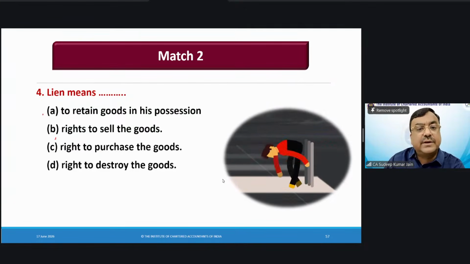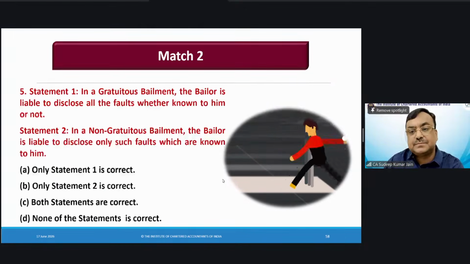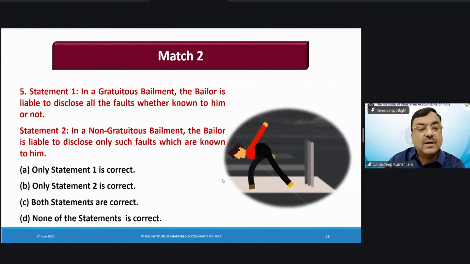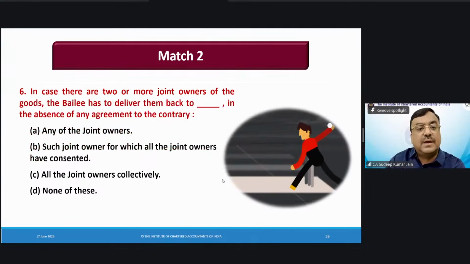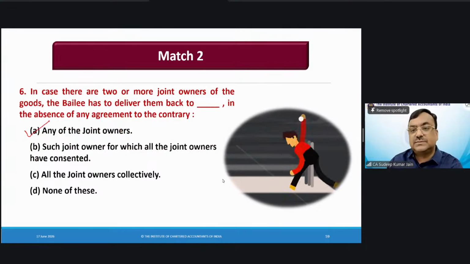Lien means to retain goods in his possession. Both are incorrect. None of the statement is correct. Any of the joint owners.